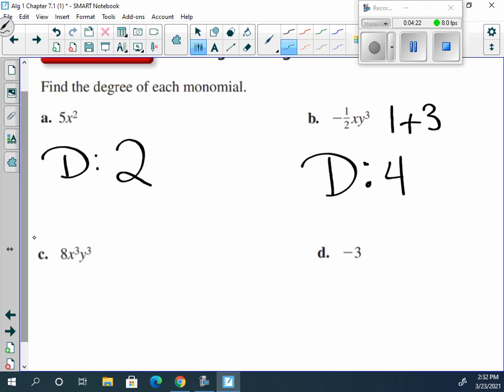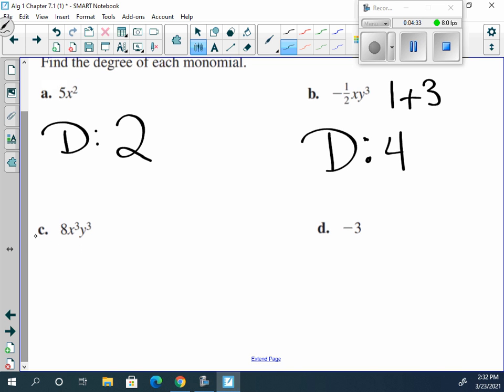Because we take all of those exponents that are connected with the variables, we're not worried about the numbers, just the variables, and we add those together. 8x cubed, y cubed. 6, because one of the exponents is 3. The other is 3, and 3 and 3 gives us 6.